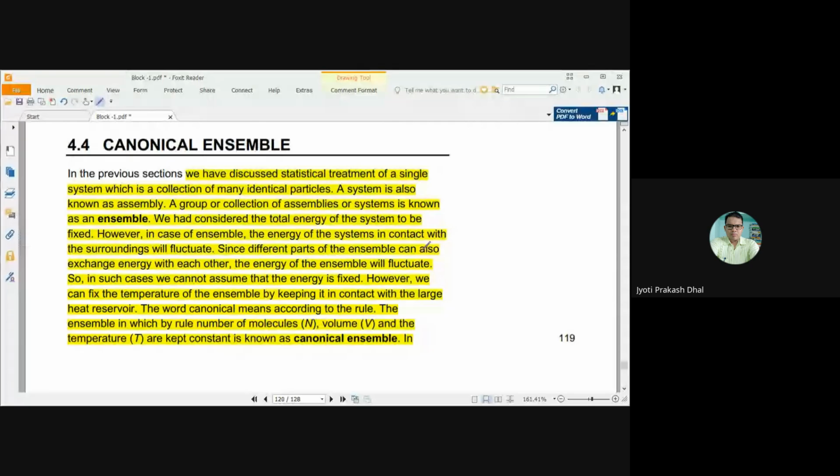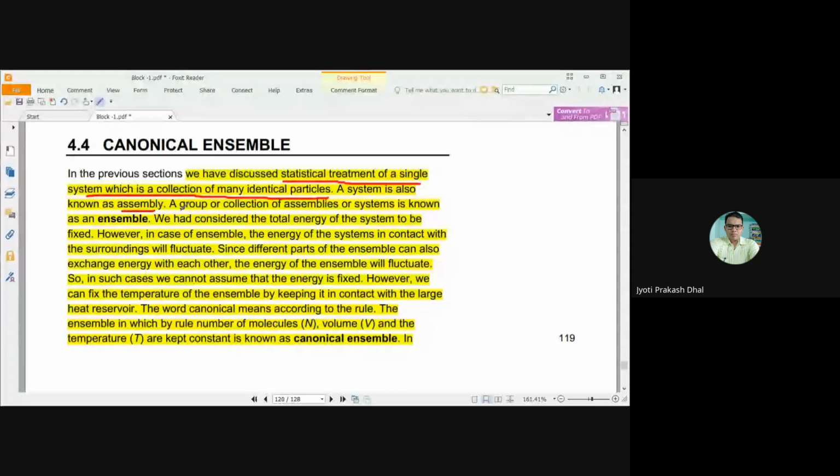We have discussed the statistical treatment of a single system, which is a collection of many identical particles.